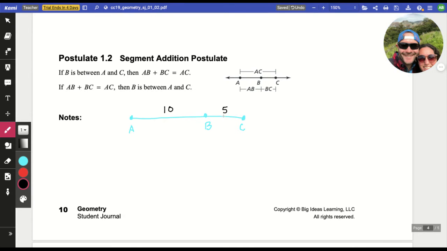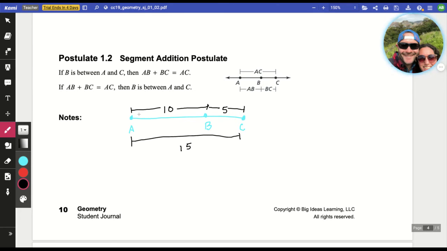That's 5. So if we got 10 from A to B, and then from B to C is 5 more, all that means is if you go A all the way to C, we will just get 15. That's all it's saying.